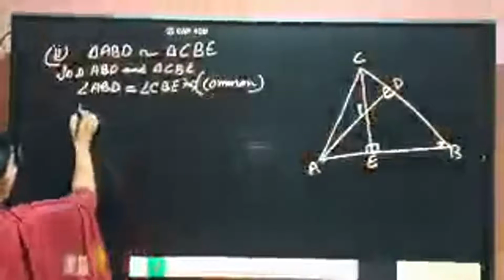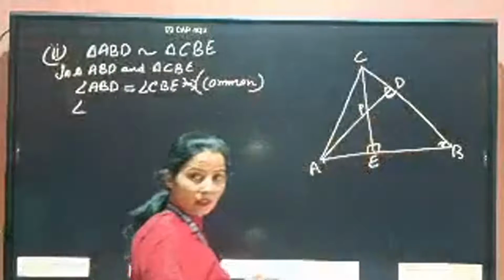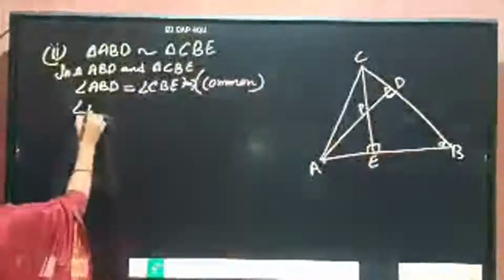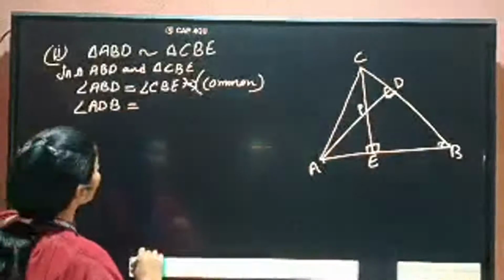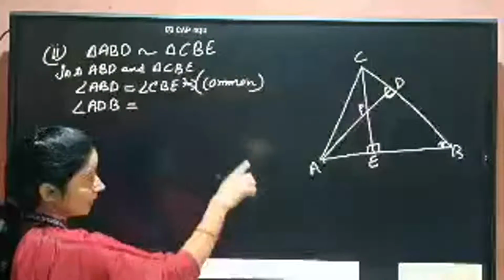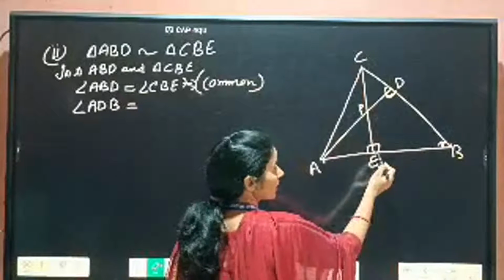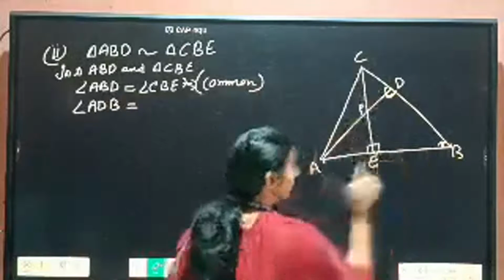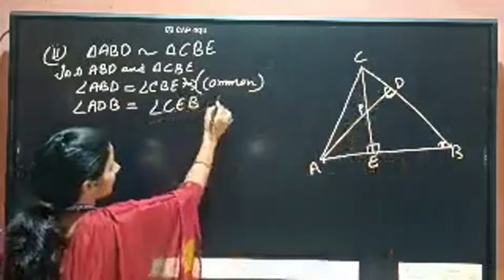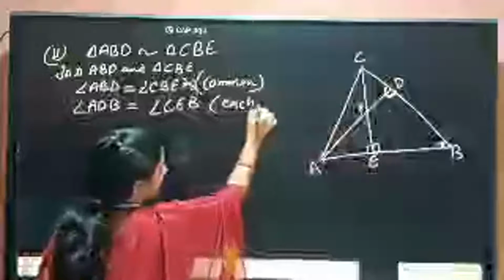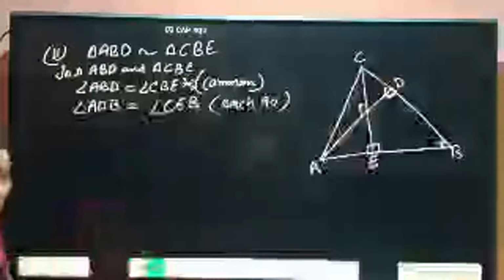Next, in triangle ABD, angle D is 90 degrees. Angle ADB is equal to, in triangle CBE, E is 90 degrees, so I will write angle CEB, 90 degrees.